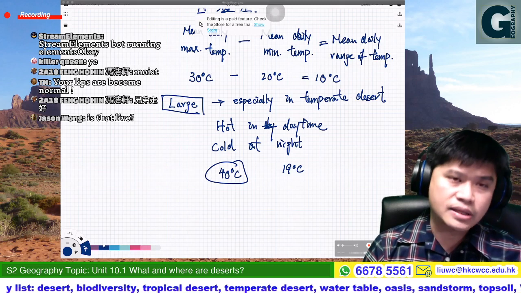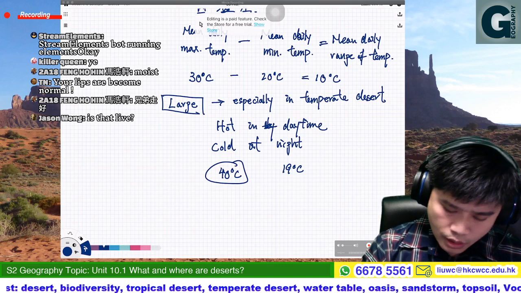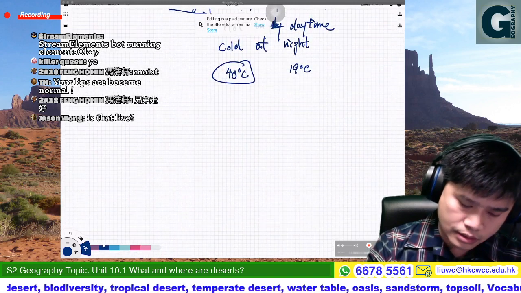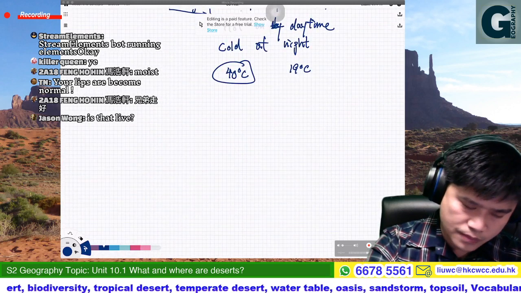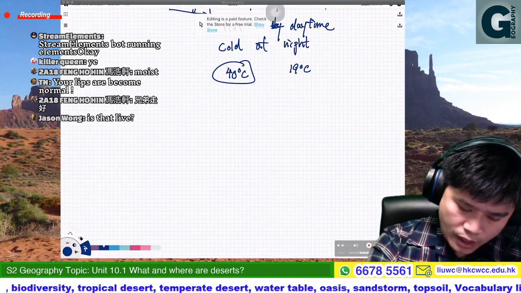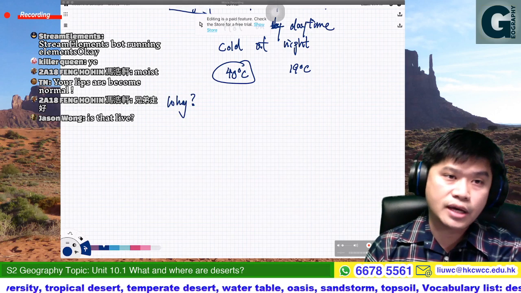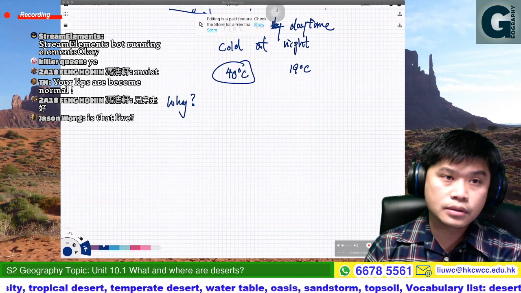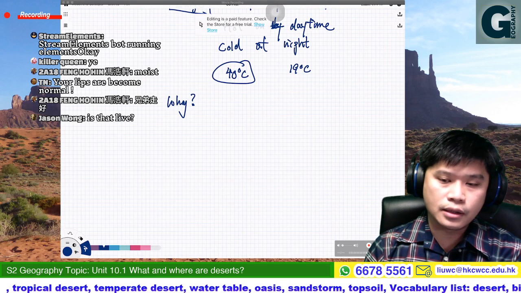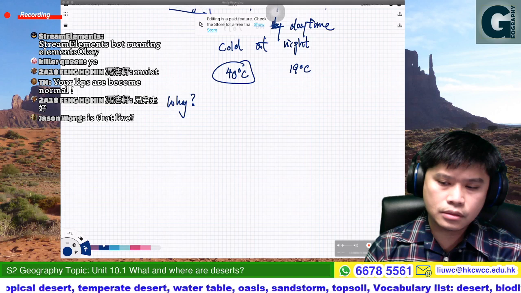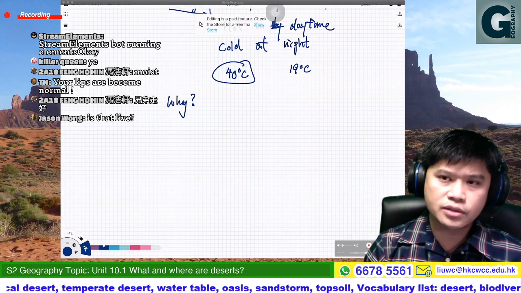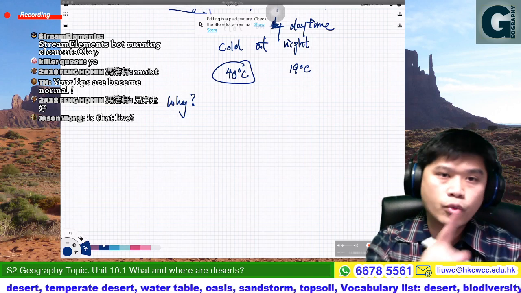And for the last part of that point, why is the daily range of temperature large?